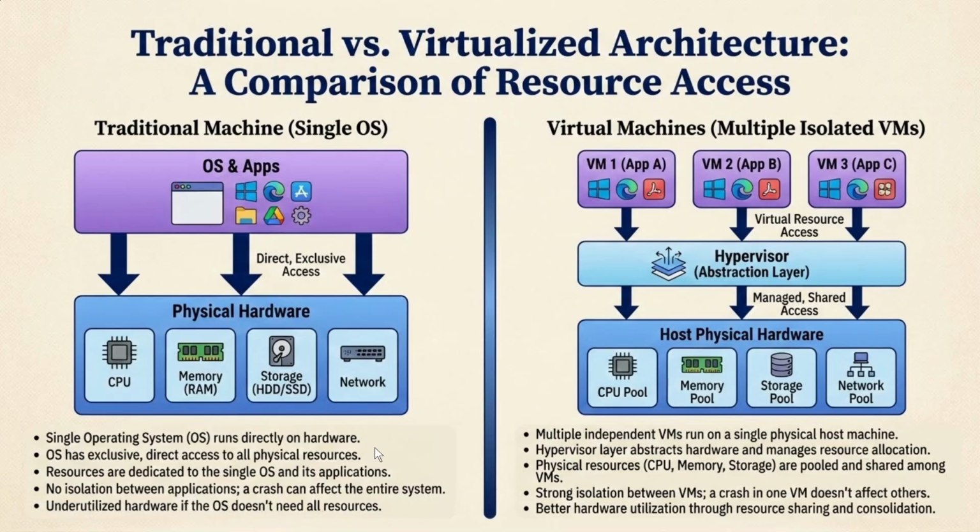This means if any of the application crashes or misbehaves, it has the potential to take down the entire system with it. Additionally, the hardware resources are at a risk of underutilization, which means even if we have the hardware capacity available, it is sitting unused and idle. This is a very inefficient setup.